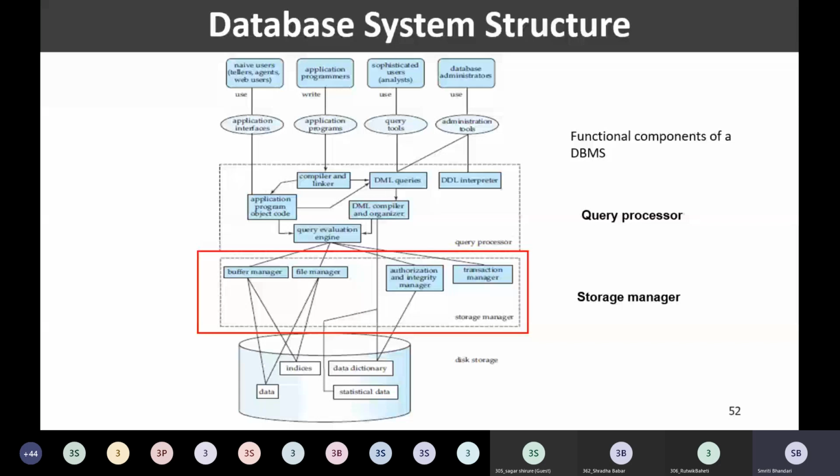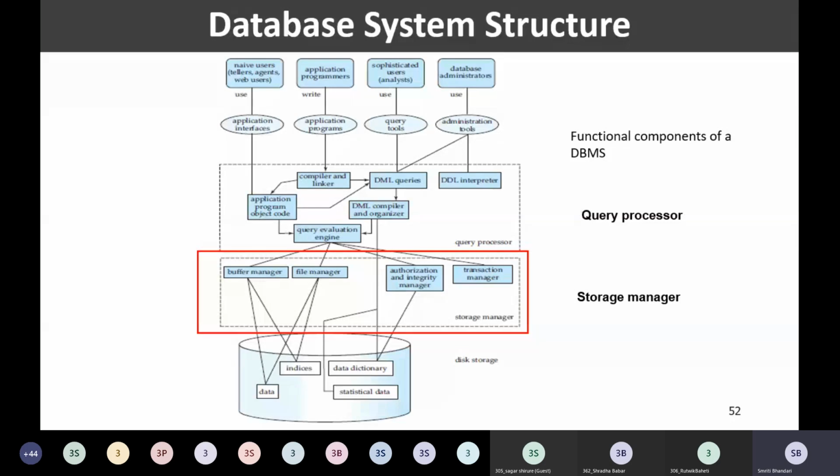Typically, it is not at all possible to store all the required data in our main memory, so the data needs to be stored in the disk. But whenever required, we need to read that data or write data into the disk.